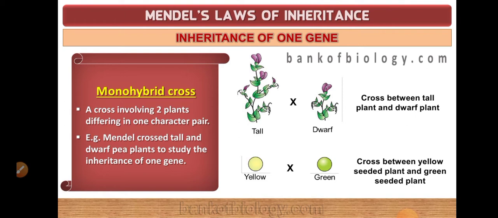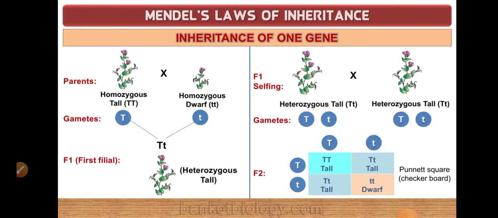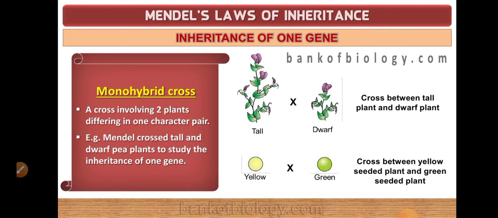So Mendel's law of inheritance, where he talked about the monohybrid cross, he discussed the inheritance of one character. And when we are talking about one character, it means one particular gene is responsible for that. So before going through the laws, we will talk about the monohybrid and dihybrid cross.